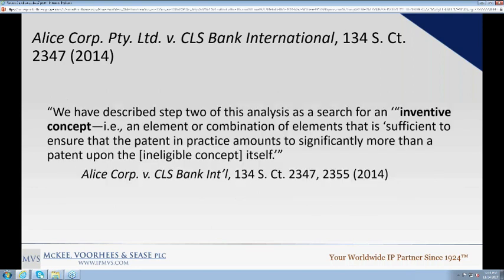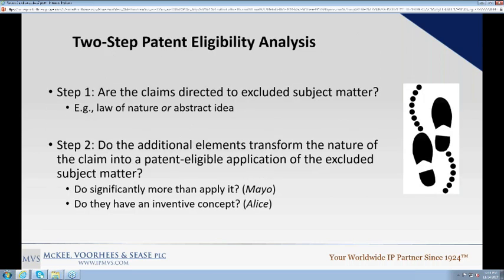We've described step 2 of this analysis as a search for an inventive concept, that is, an element or combination of elements that is sufficient to ensure that the patent in practice amounts to significantly more than a patent upon the ineligible concept itself. And so you can see that transition from significantly more to, well, what's an inventive concept? So we've got this 2-step patent eligibility analysis that came out of these two cases.